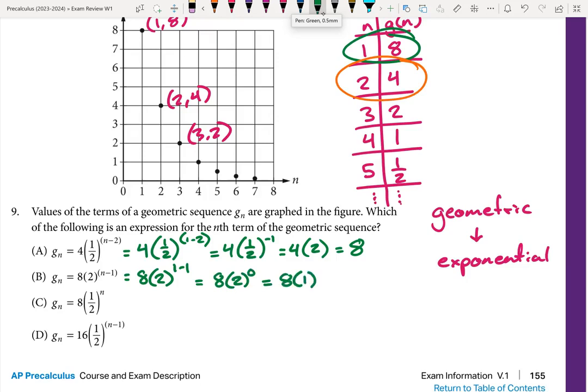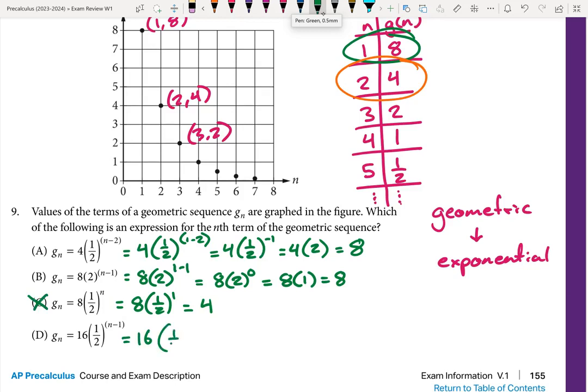So 8 times 1, does that give us 8? So that one actually does work. Let's try the next one though. 8 times 1/2 to the first. Well, that's just half of 8. What's half of 8? Does that give us what we want? Oh, so we can eliminate C.